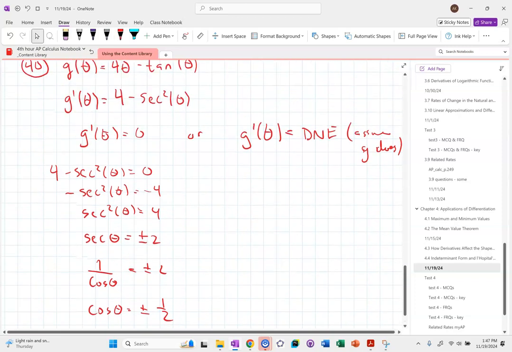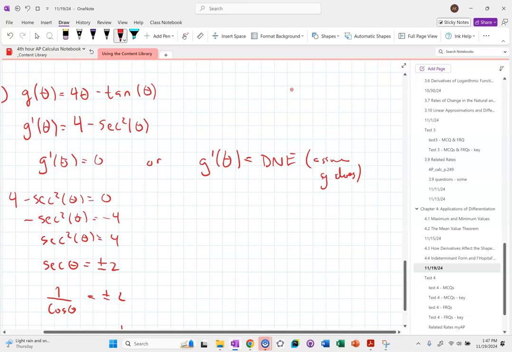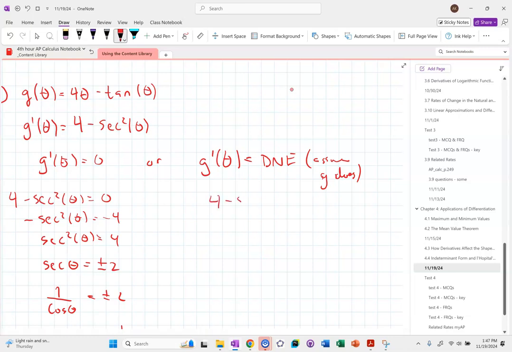And then where it doesn't exist: secant squared is the same thing as 1 over cosine squared.